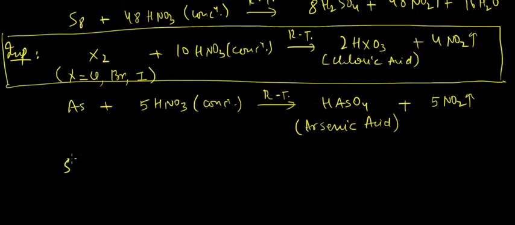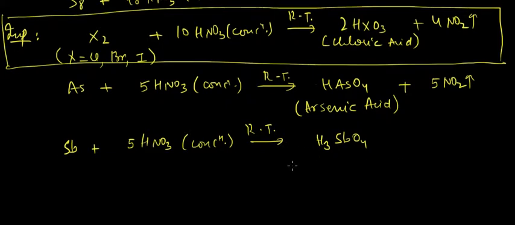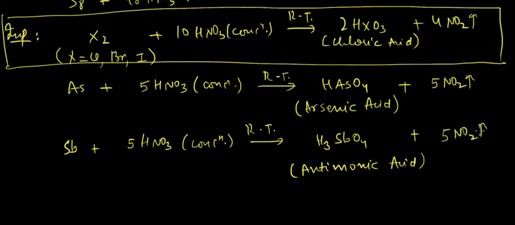Okay, then we have Sb plus 5HNO3, concentrated form at room temperature, forming H3SbO4, which is antimonic acid, and forming 5NO2. Here also H2O, here also H2O.